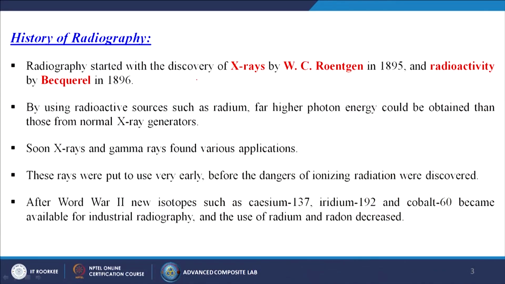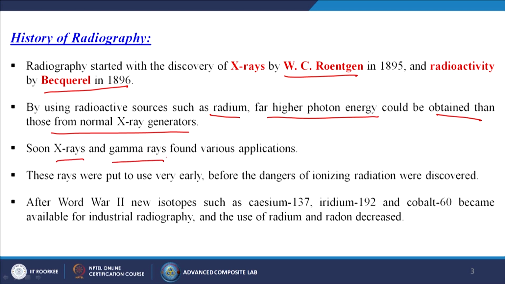History: radiography started with the discovery of X-rays by W.C. Roentgen in 1895 and radioactivity by Becquerel in 1896. By using a radioactive source such as radium, higher photon energy could be obtained than from normal X-ray generators. Soon X-rays and gamma rays found various applications, and nowadays they are extensively used.